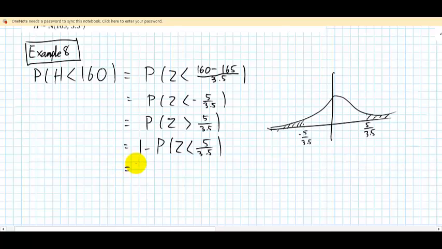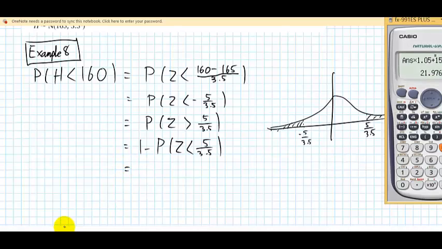Now let's work out 5 over 3.5. This is 1.43 to 2 decimal places.